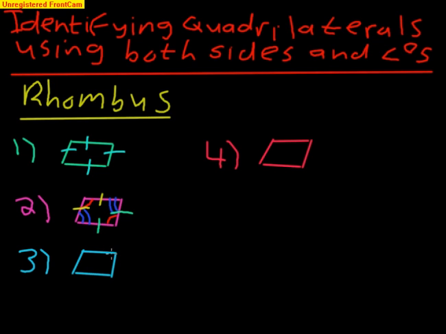The third possibility to classify a quadrilateral as a rhombus is if both pairs of opposite sides are parallel.